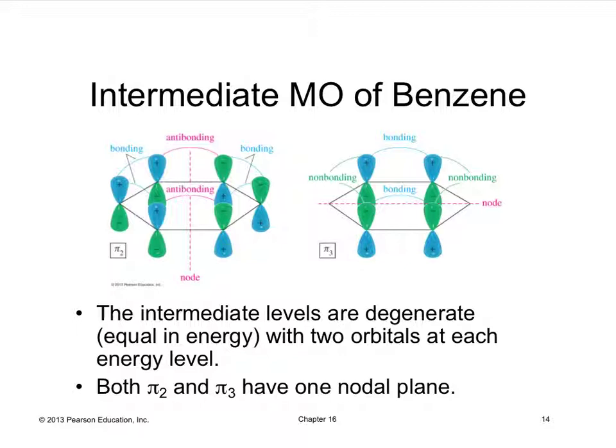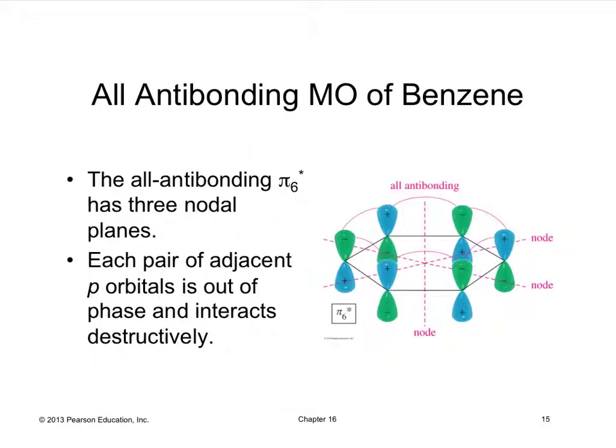These two are degenerate, meaning they're equal in energy, and they both have a nodal plane. We're going to skip pi 4 star and pi 5 star and jump all the way to pi 6 star, which has 3 nodal planes. Each pair of adjacent p orbitals are out of phase and interact destructively.